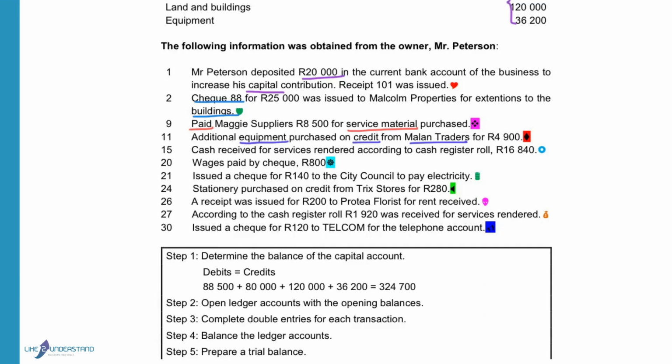Cash received for services rendered according to the cash register roll. We receive cash, so the one entry will be in the bank. Where did we get the money from? The services rendered. So services rendered will be my double entry.